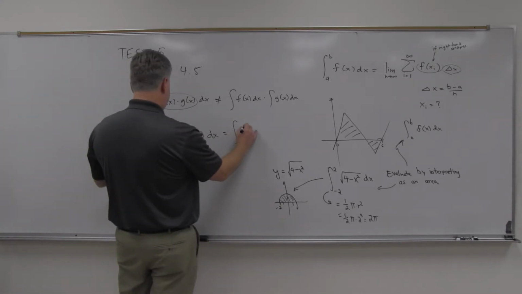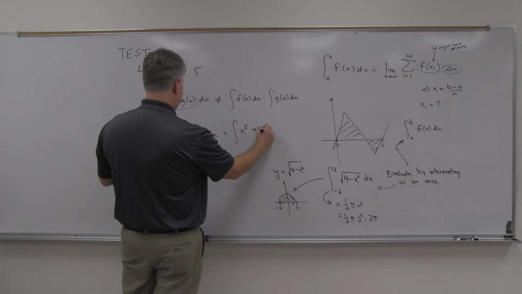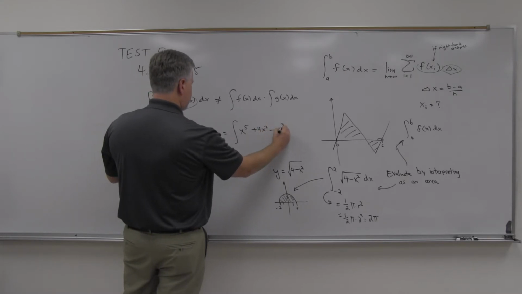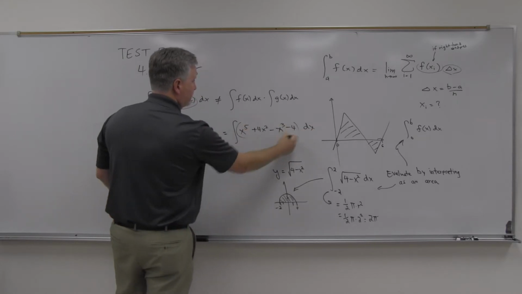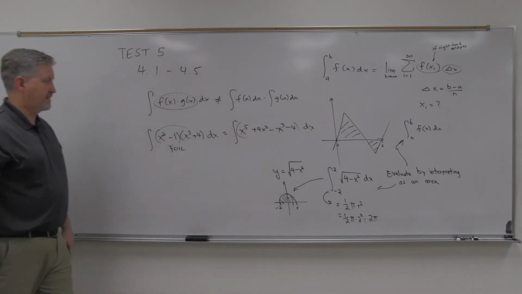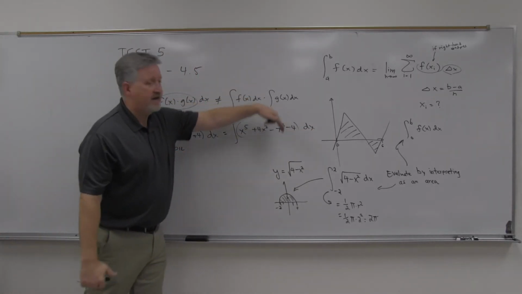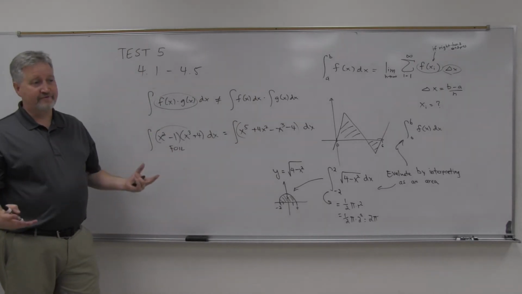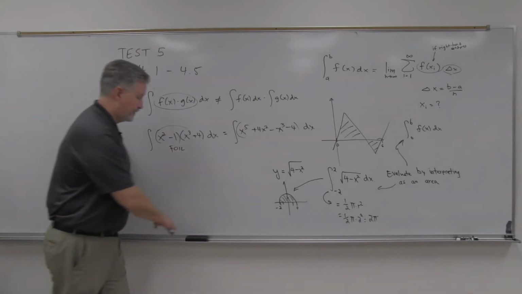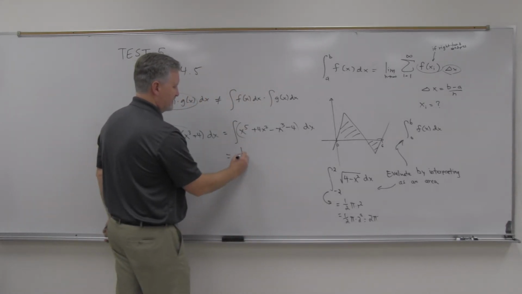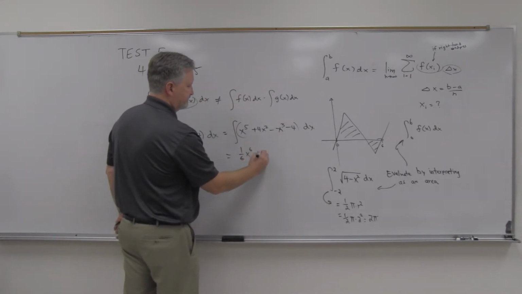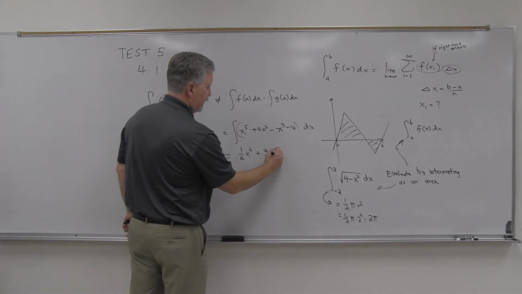What do we got? x to the 5th plus 4x squared minus x cubed minus 4. Now I don't have the multiplication problem that I had. Addition and subtraction in integrals, those are what we like to see. We can do those all day long. You just do the antiderivative of each, and you got it.